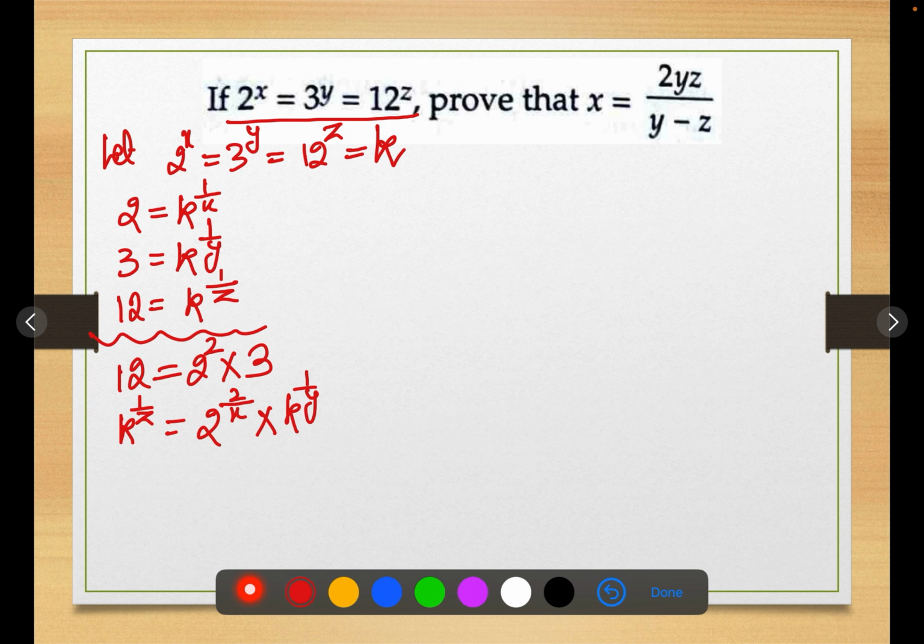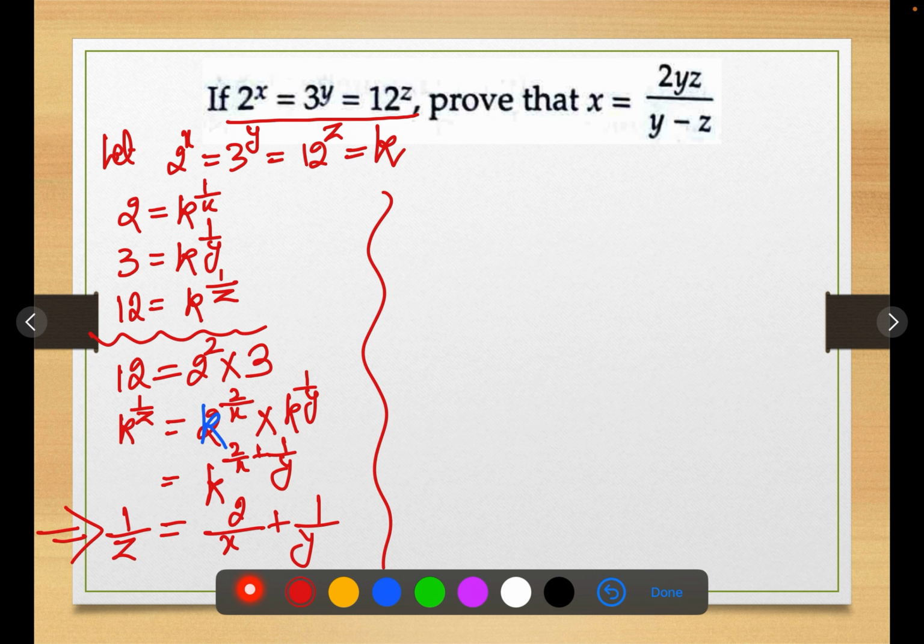So, k to the power 2 upon x plus 1 upon y. Now 1 upon z, that implies 1 upon z is equal to 2 upon x plus 1 upon y. Now what I'll do next is 1 upon z minus 1 upon y is equal to 2 upon x.